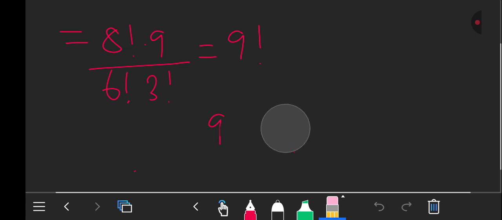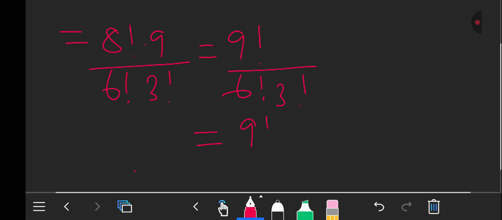So over 6 factorial, 3 factorial. You see, 9 factorial divided by 6 factorial, 3 factorial is the same as 9 factorial over 9 minus 3 factorial, then 3 factorial.